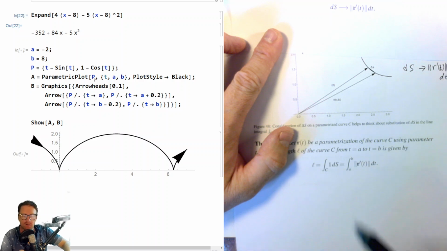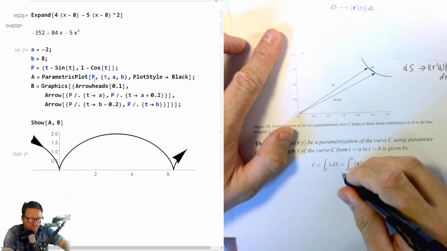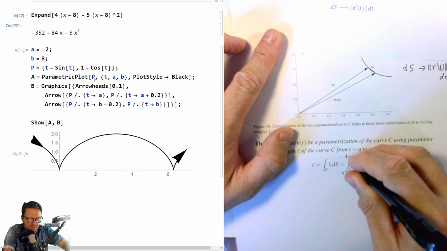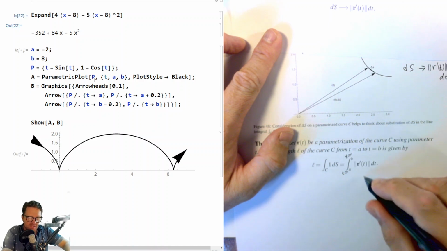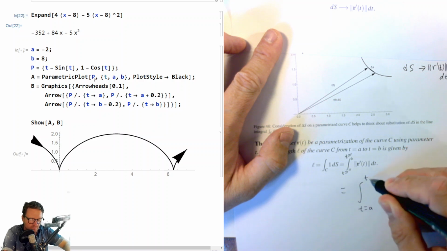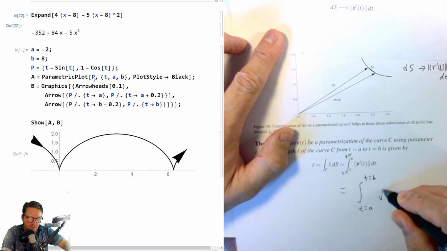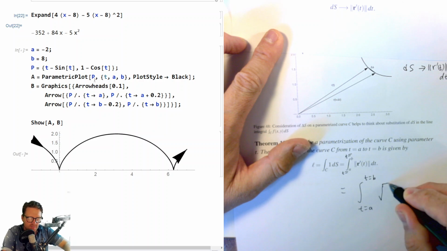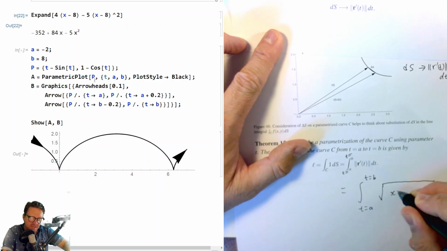So we have this now, from t equals a to t equals b. And now consider what this is. That's the square root of x'(t) squared plus y'(t) squared dt.